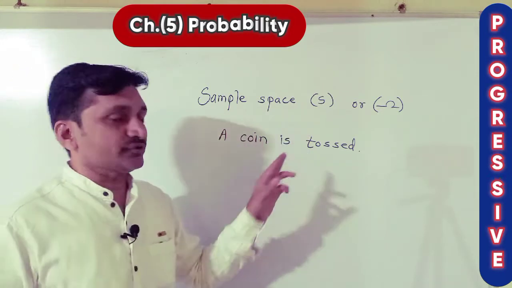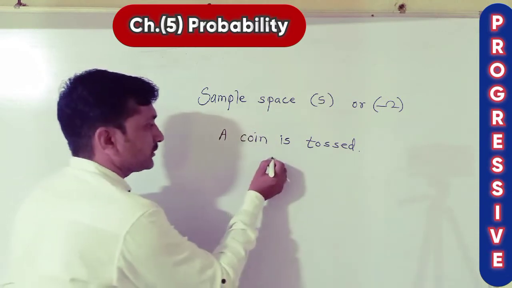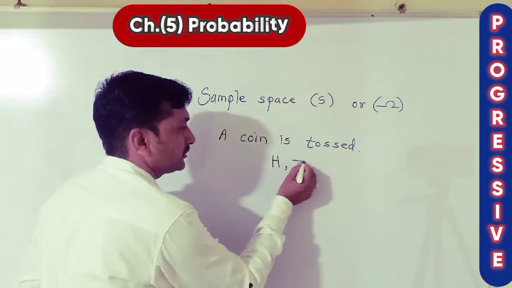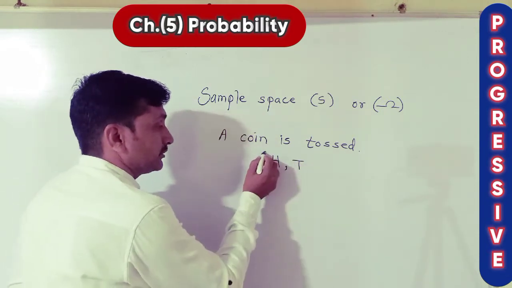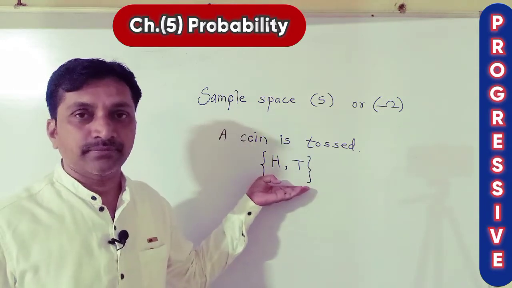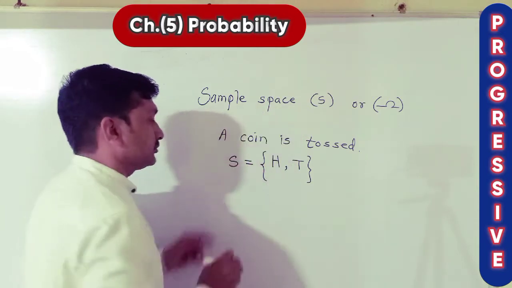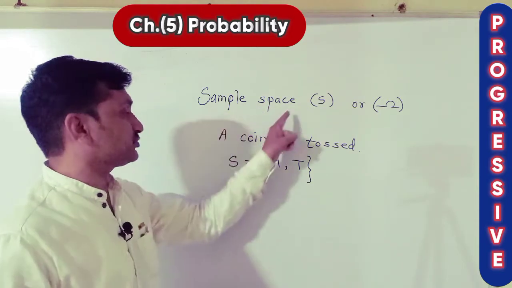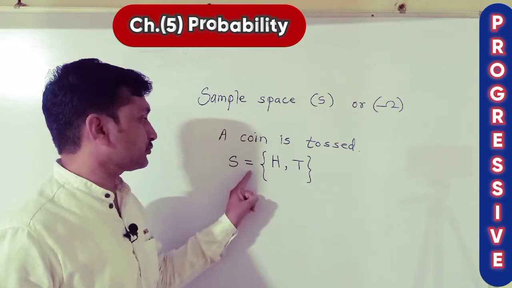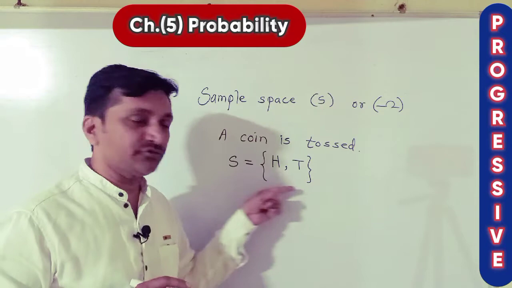Now a coin is tossed. How many possibilities are there? There are two possibilities, head or tail. If we write them in curly bracket, it becomes a set, and it is denoted by S. So S is equal to, in curly bracket, compulsory, because this is set form.